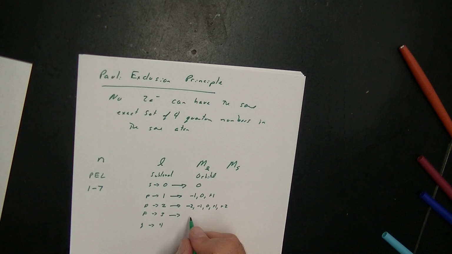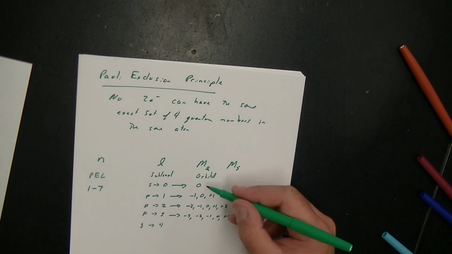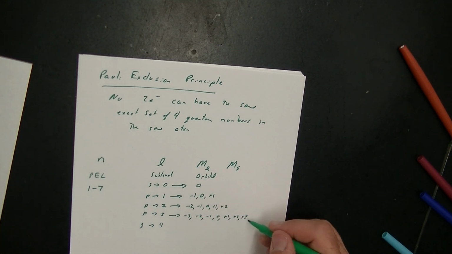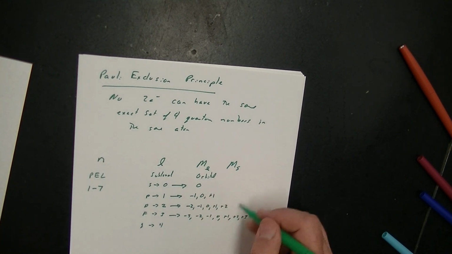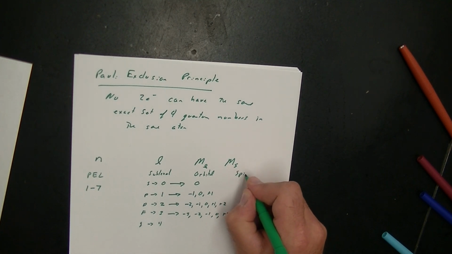Our F has 7 areas, -3, -2, -1, 0, +1, +2, +3. And G would have 9, so it would be -4, -3, -2, -1, 0, all the way across. So this is just telling me where the electron is in which one of these orbitals. That's all this is.